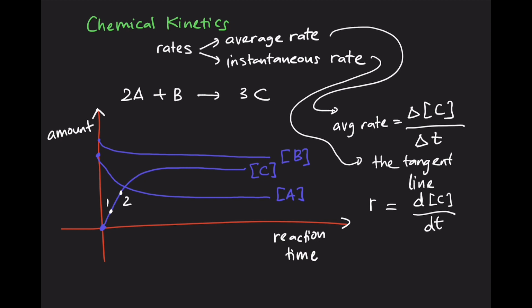And in this case, if we take an instantaneous rate, we have to specify also at which T. Say we take a tangent line that is colored in orange, something like this. Now this tangent line is the instantaneous rate, which is the first derivative of concentration over T, approaching T equal to 2.